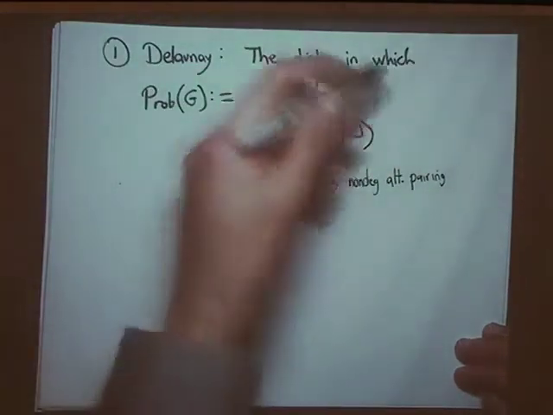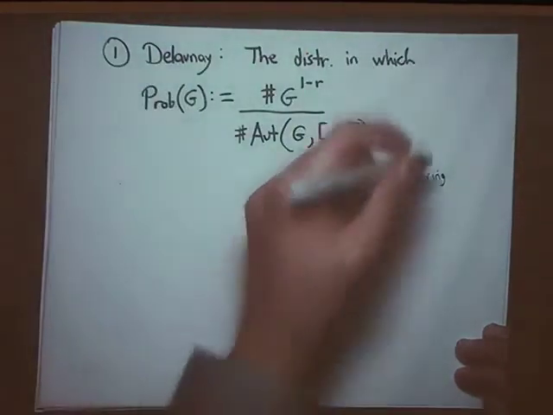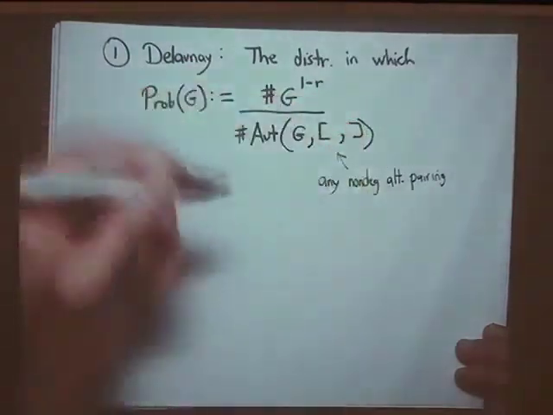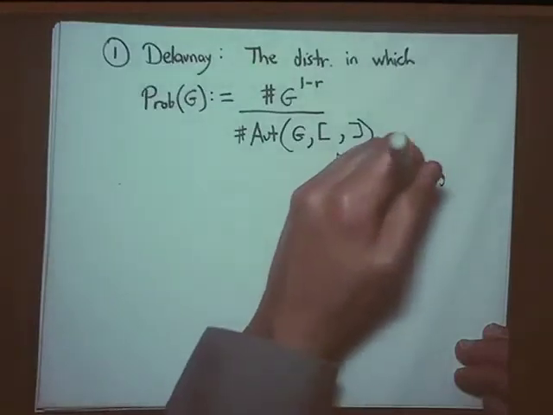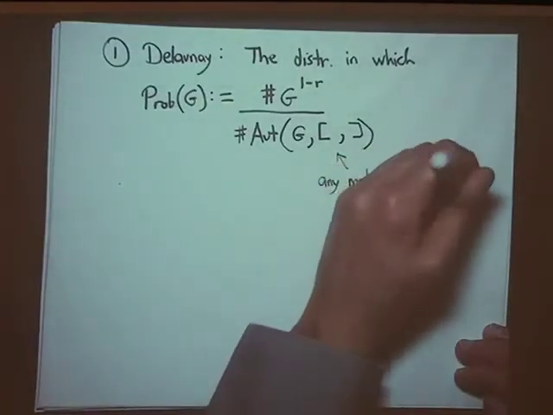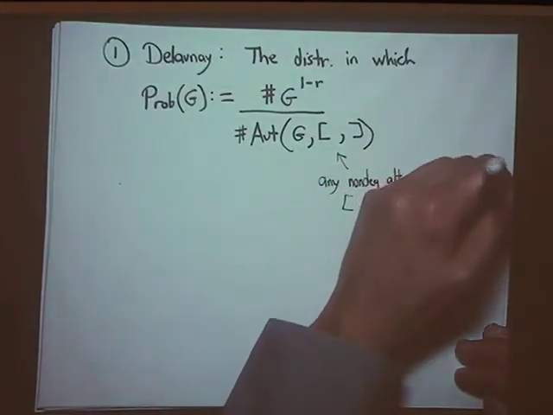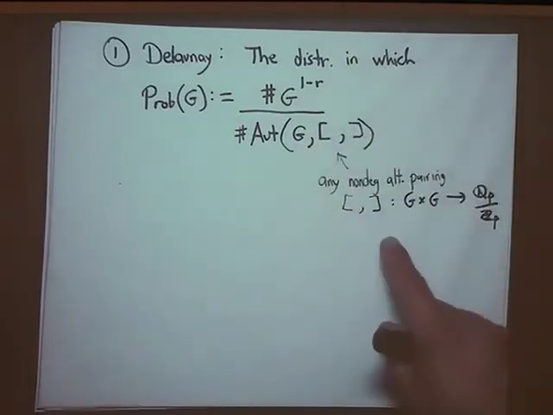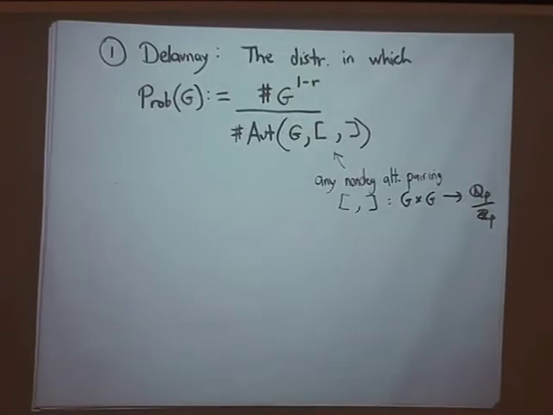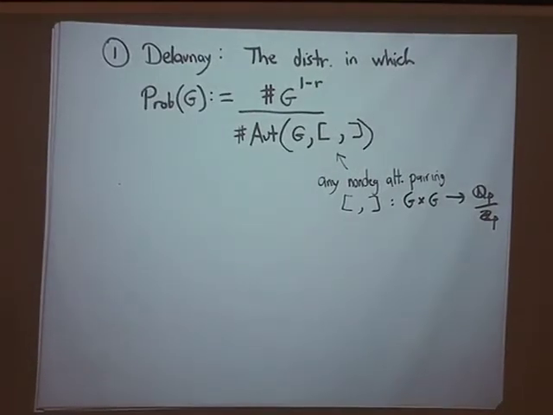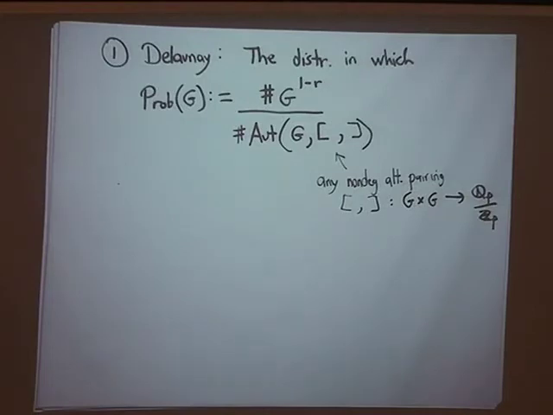So you choose any non-degenerate alternating pairing from G cross G into Q_p/Z_p. Alternating just means that if you take (x, x), then that pairs to 0, and that implies that (x, y) is minus (y, x), so it implies anti-symmetric.